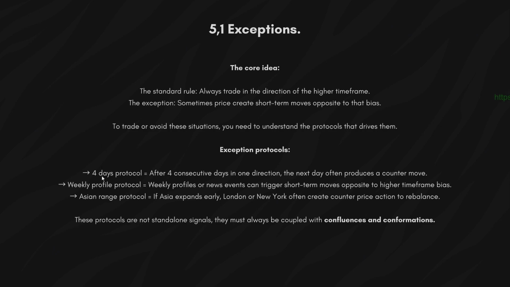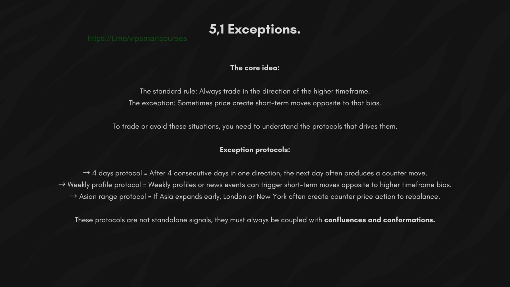And also let's say that we've got a CPI news event on Wednesday. Then what usually happens is that on Wednesday, even though the directional bias is bullish, due to that news event, we sometimes form a short-term move opposite to the higher time frame bias, and with that move we either purge liquidity or form a manipulation profile. Then on Thursday and Friday we reverse from there and continue moving towards the initial intended directional bias.